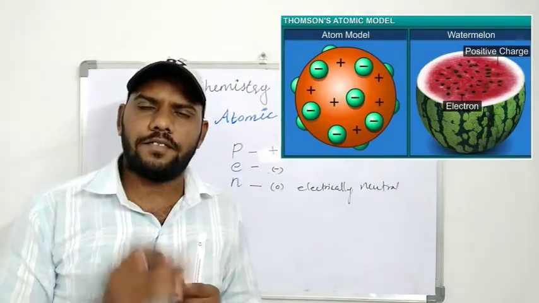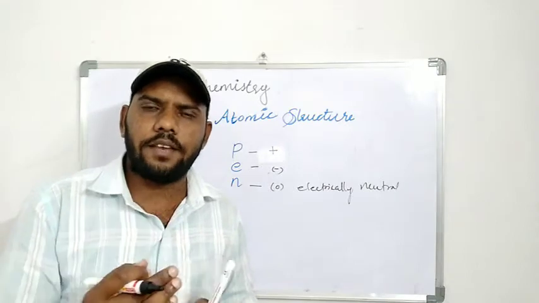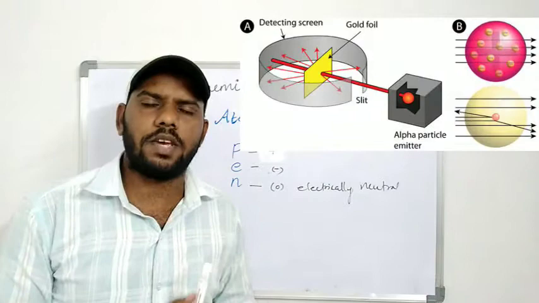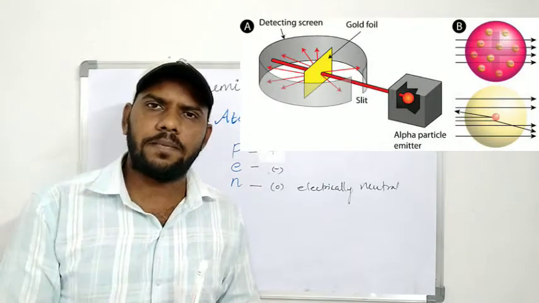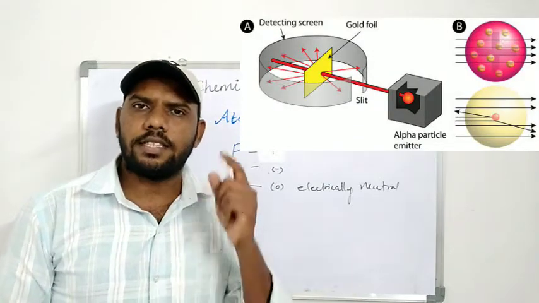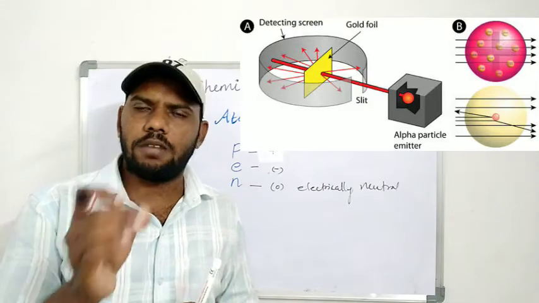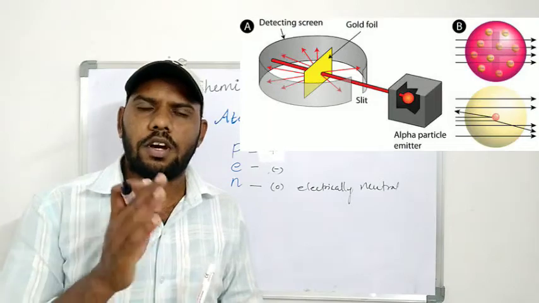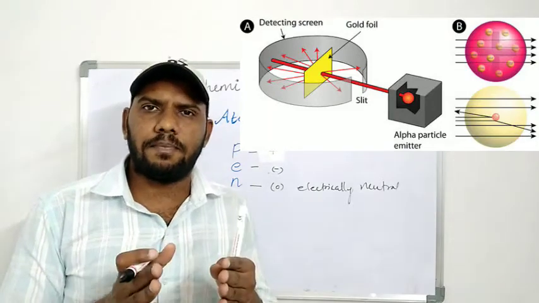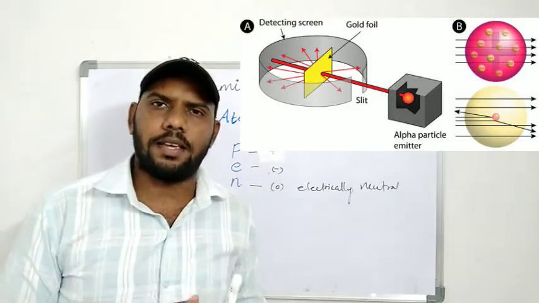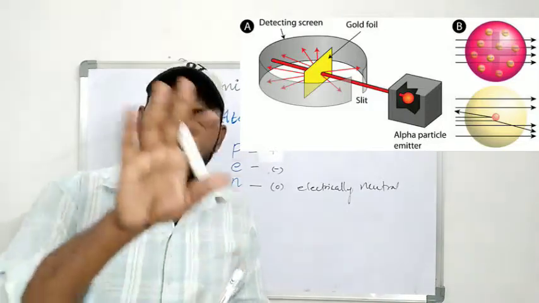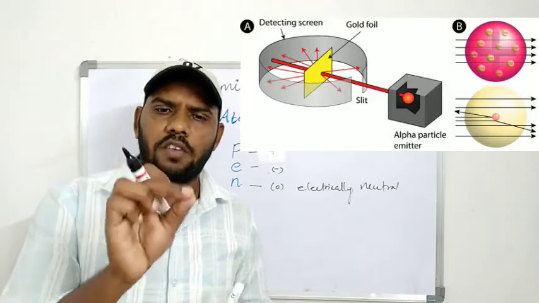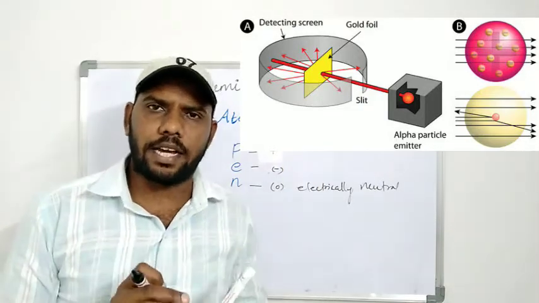After him, his student Ernest Rutherford did the gold foil experiment, which we studied in the ninth class, and he understood that J.J. Thomson's atomic structure theory is wrong. A large number of alpha particles passed straight through, which means there is hollow space in the atom, while one or two reflected back.